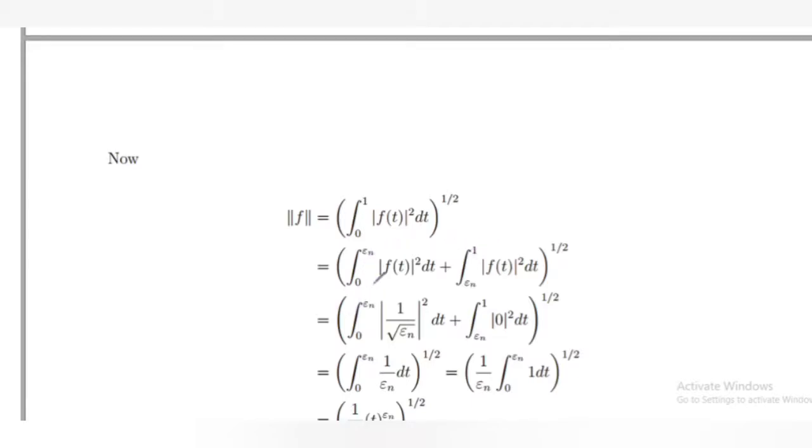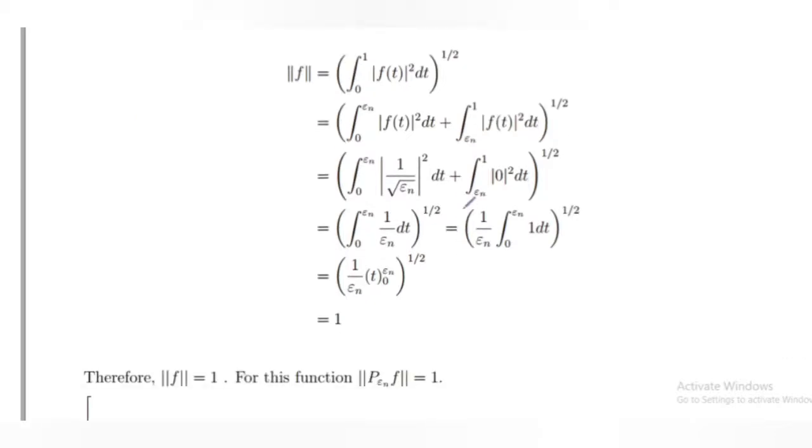From 0 to epsilon n, its value is mod f(t) square, plus the integral from epsilon n to 1 of 0 whole square dt. Here this value becomes 1 by root epsilon n square, which is 1 by epsilon n, dt, and this is equal to the integral of 1 by epsilon n dt, which is t by epsilon n within the limit 0 to epsilon n. The epsilon n cancels, and the final value is 1. Therefore norm of f equal to 1.